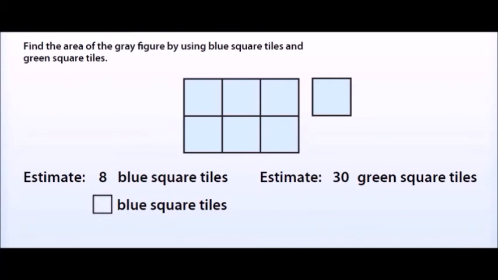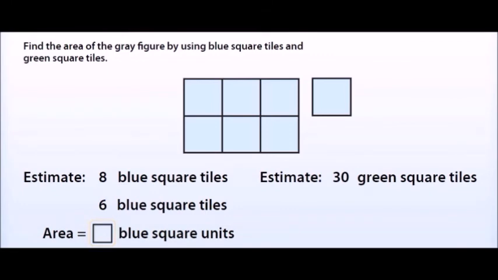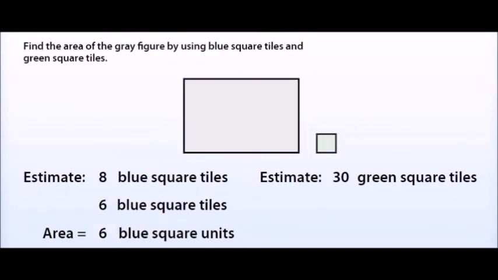How many blue square tiles cover the figure? 2 rows of 3 square tiles each. So 6 blue square tiles cover the gray figure. What's the area of the gray figure in blue square units? The area is 6 blue square units.